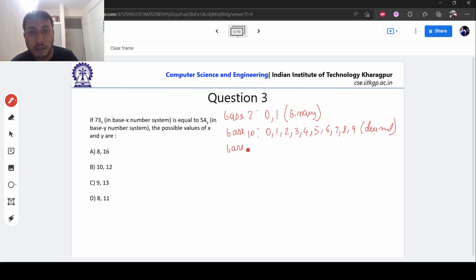And also there is base 16, that is called hexadecimal.